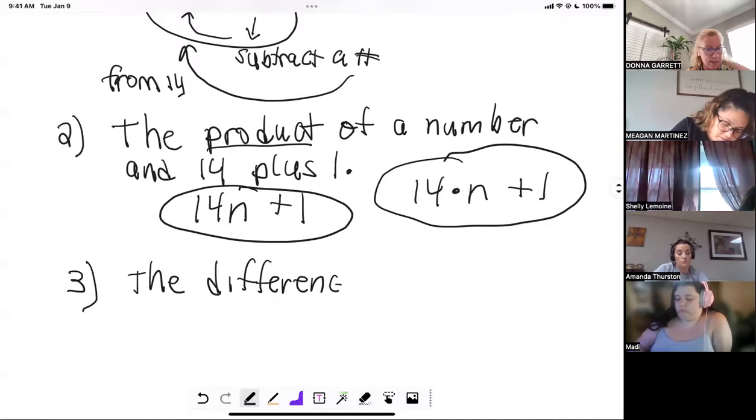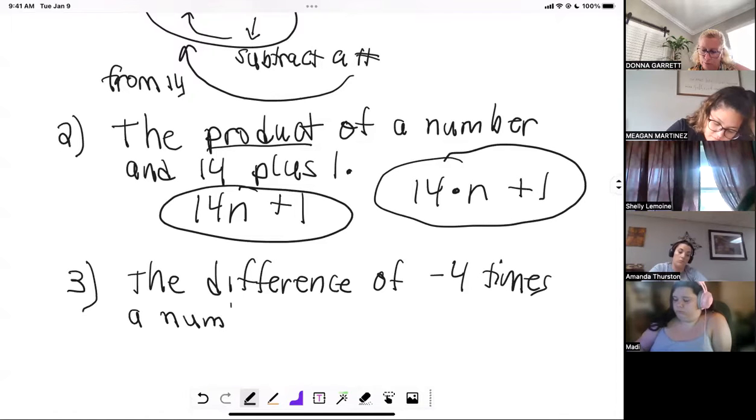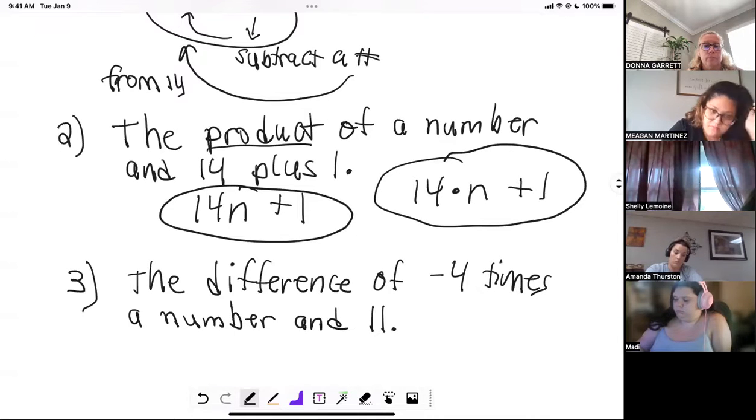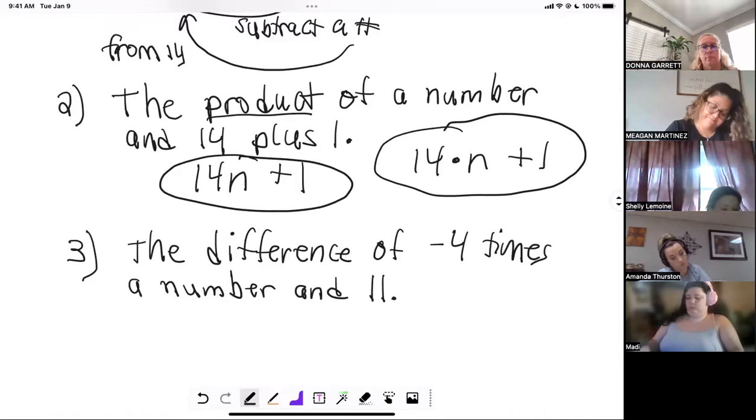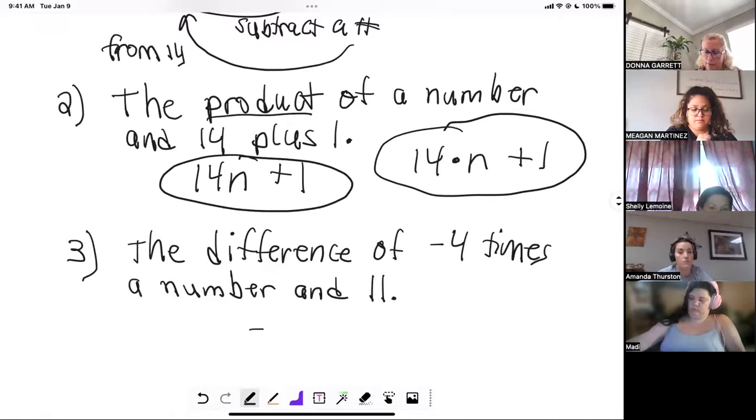Okay, here it is. I know I had it, can't find it. The difference of -4 times a number and 11.